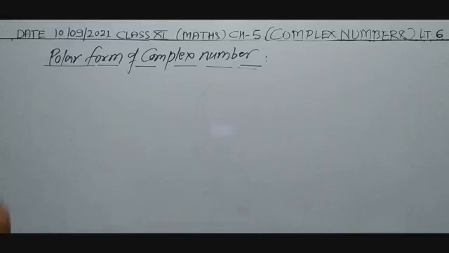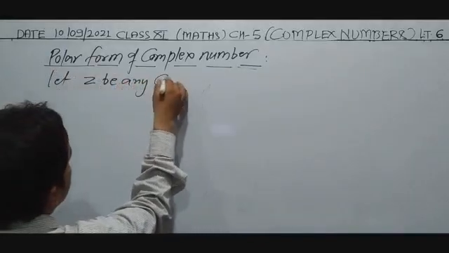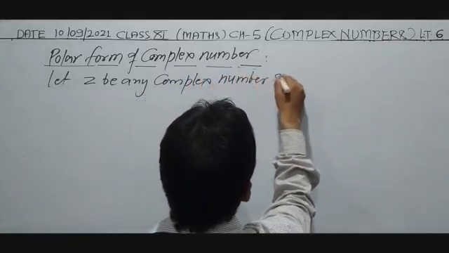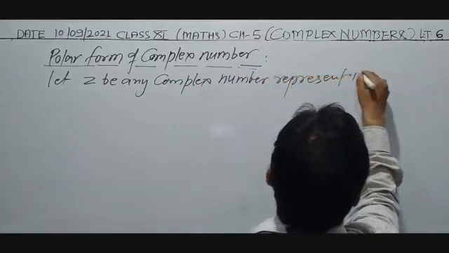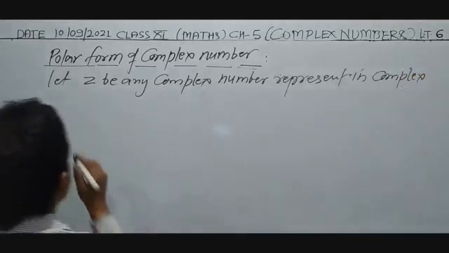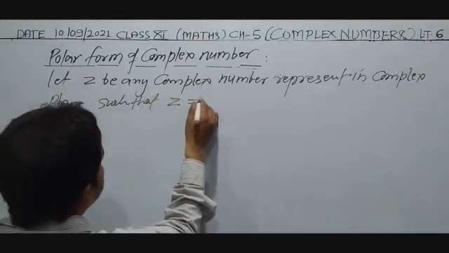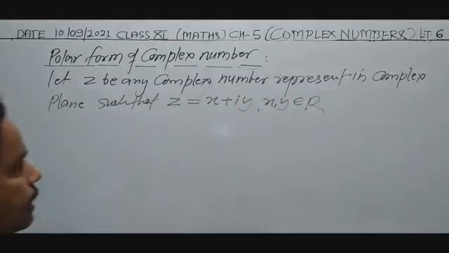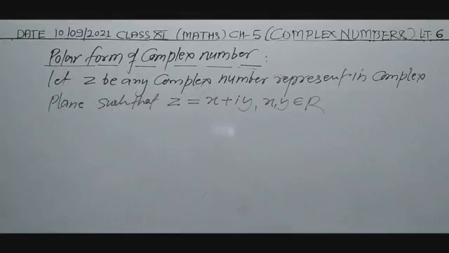Let us consider, let z be any complex number, represented in the complex plane, such that z is equal to x plus iy, where x, y belong to real numbers, represented in the Cartesian plane.